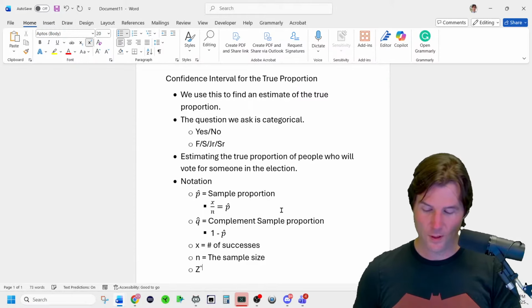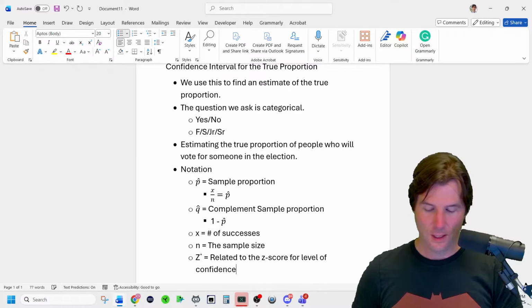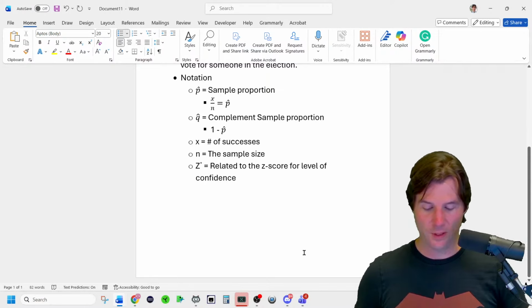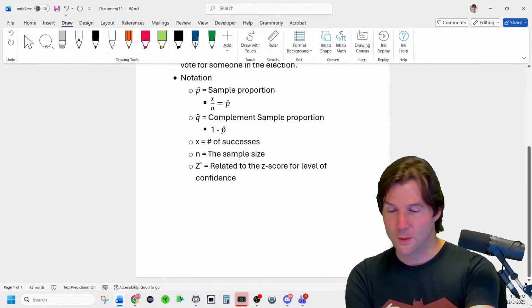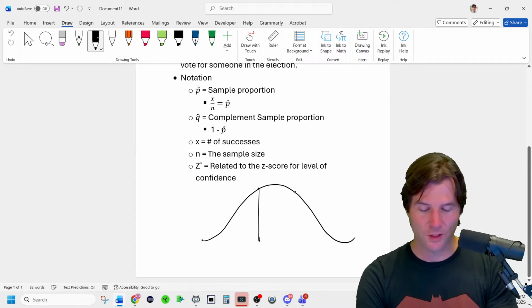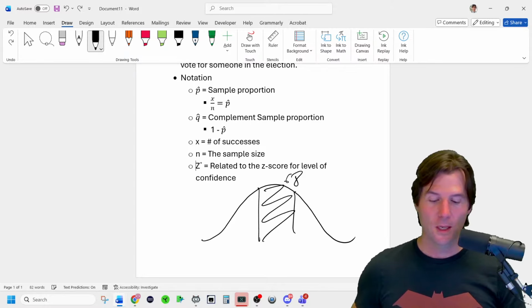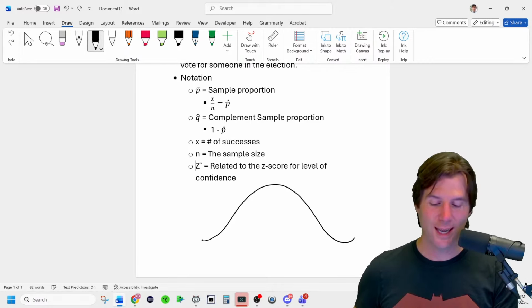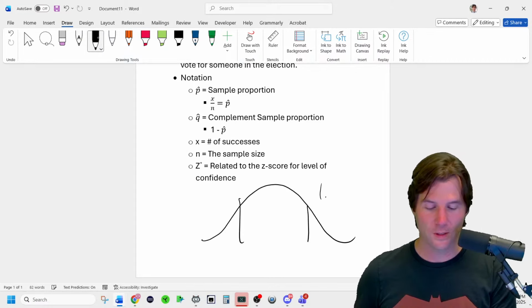So for this interval, we are going to use Z star, which is related to the Z-score for level of confidence. If we're making a 68% confidence interval, we use a Z very close to 1, because that's the middle 68 according to the empirical rule. If we're making a 95, the Z-score is technically 1.96, which you'll notice is very close to 2.